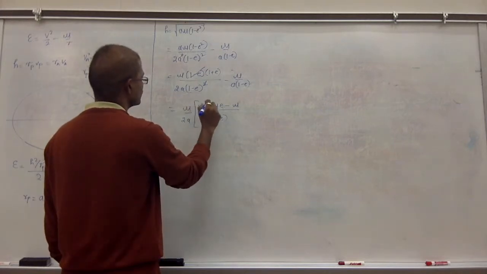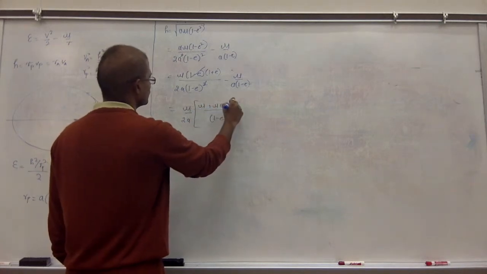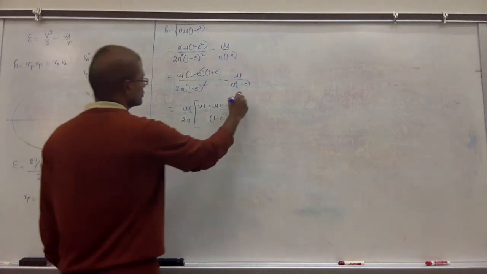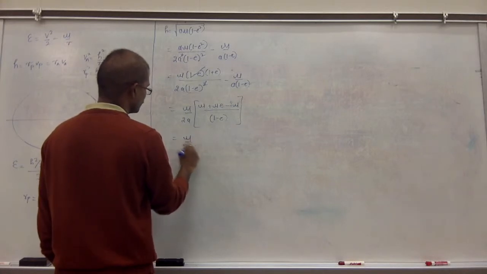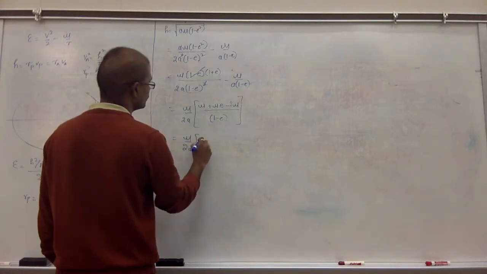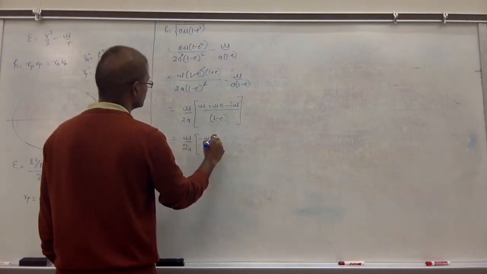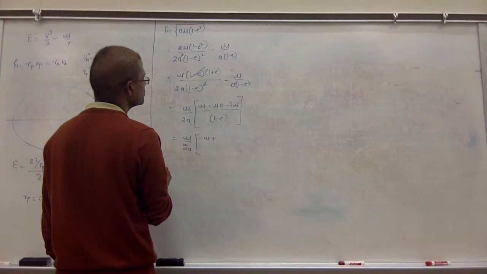This is, we're going to get is mu over 2a minus mu plus, where did an extra mu come?